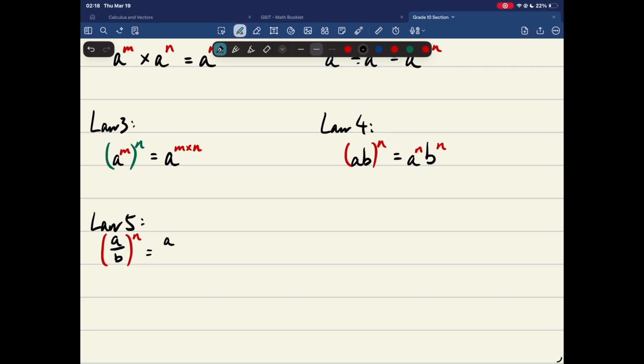So the result will be a to the n power divided by b to the n power.